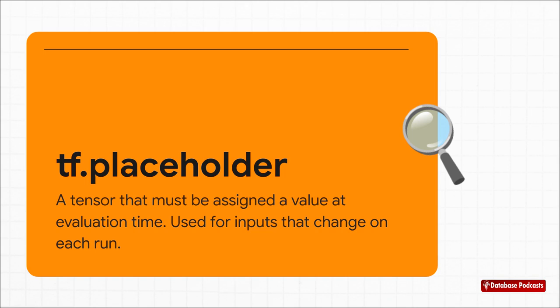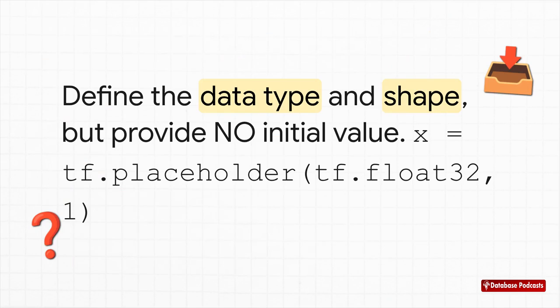You're basically telling the graph, hey, I promise a value is going to show up here later, right when we execute, but I don't know what it is just yet.